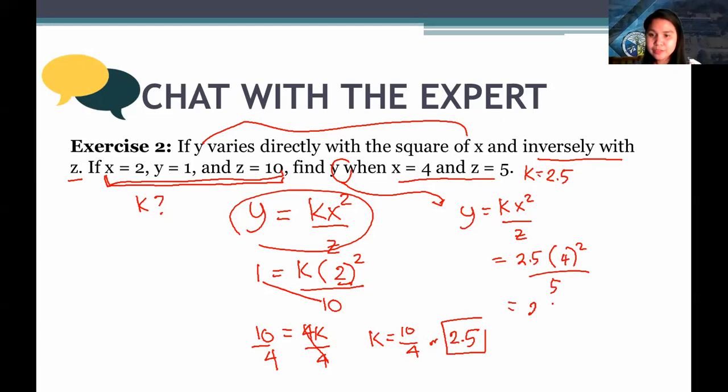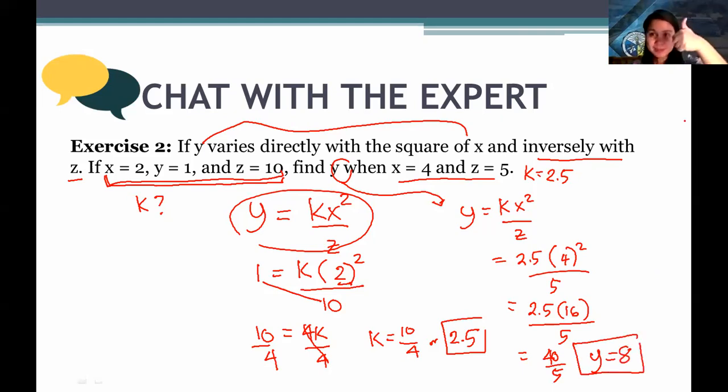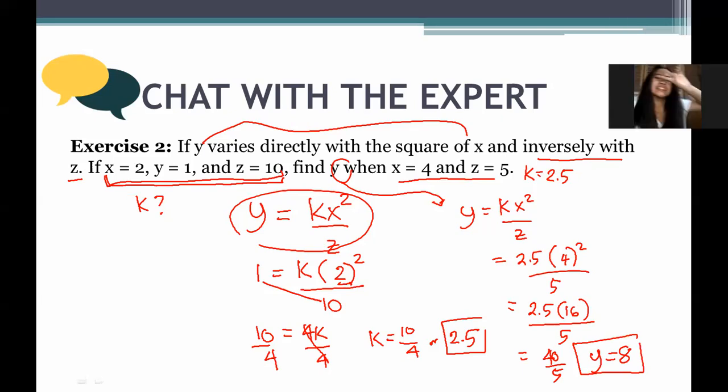So you have 2.5 times 16 divided by 5. That is 40 over 5. So our y is equal to 8. Do you have any questions? Or give me a thumbs up if you're following me.